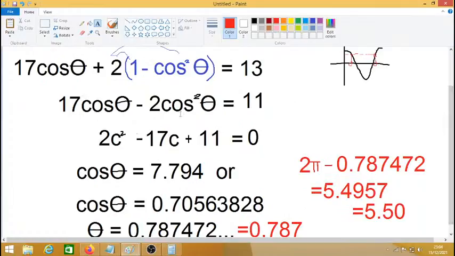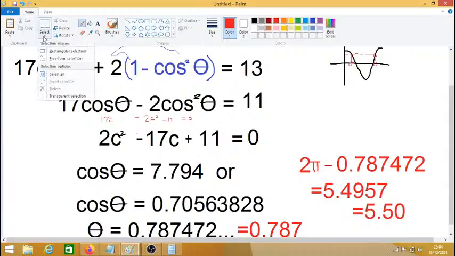Change the signs around. So this 11 here is still okay. So you've got 17c minus 2c squared. Bring the 11 across, that's minus 11 is equal to 0.